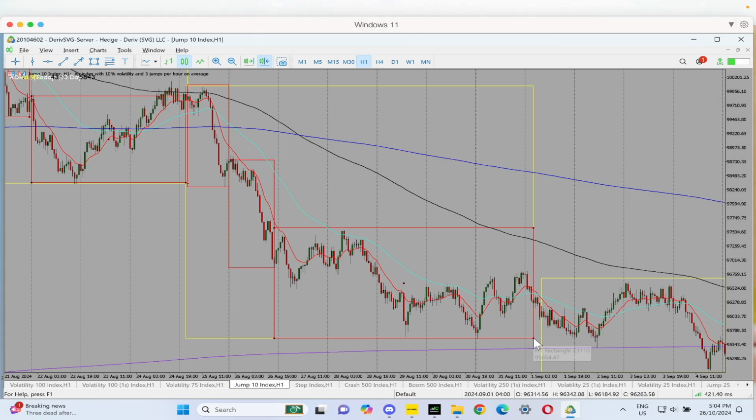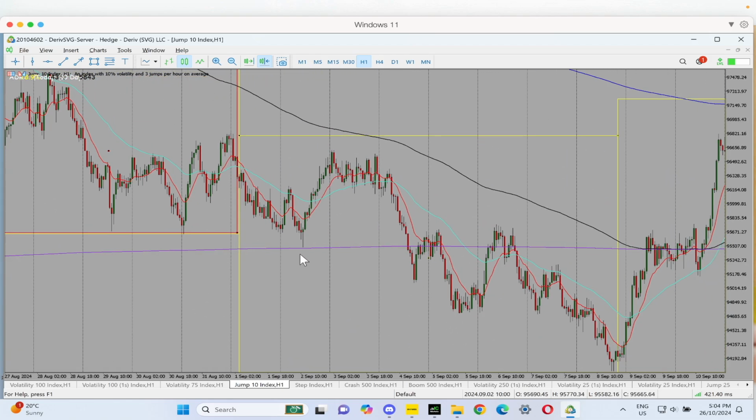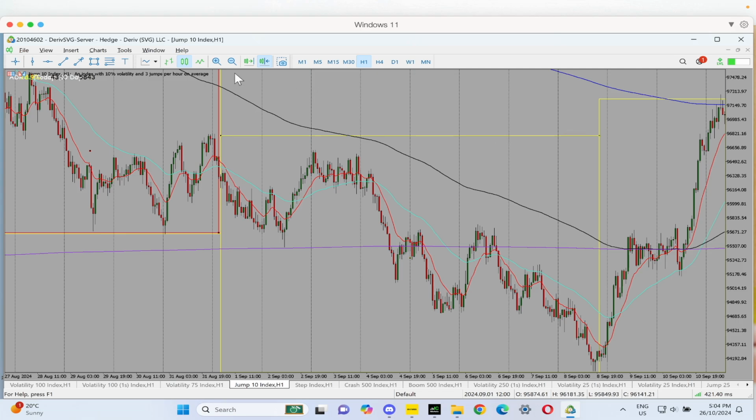All right, now after having seen that, we want to see what then happened next. So coming in next to this other box, we have again our first drop.